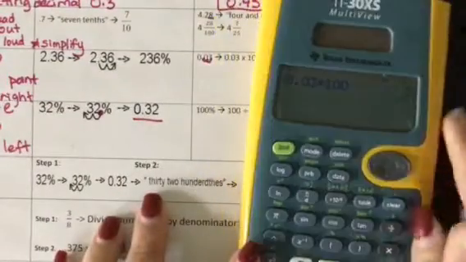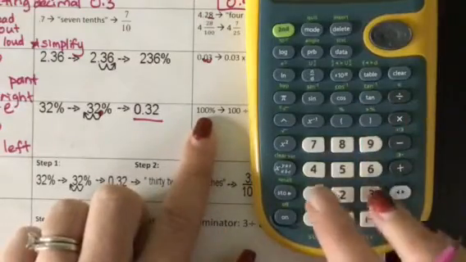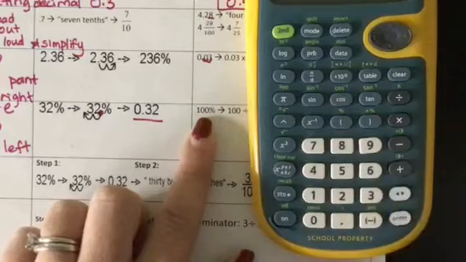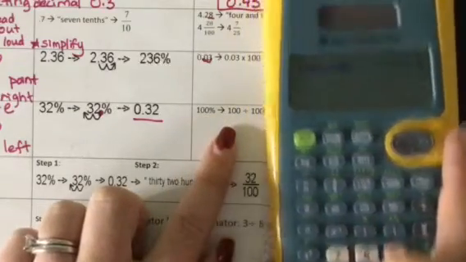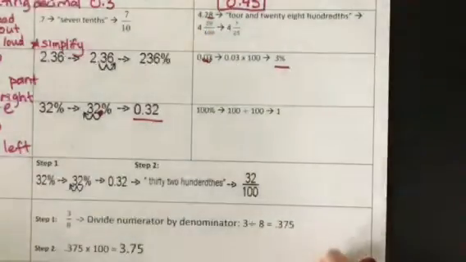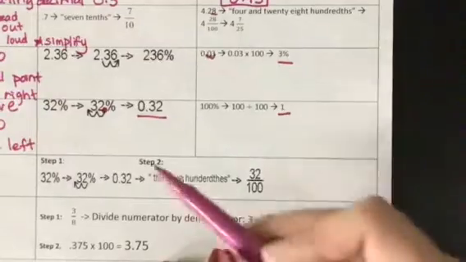This example shows you how you would use a calculator. So I would take 100%, 100 divided by 100, because that's what we're doing when we move the decimal 2 places to the left, and I would get 1. Okay, so this is actually the decimal form of 100%.